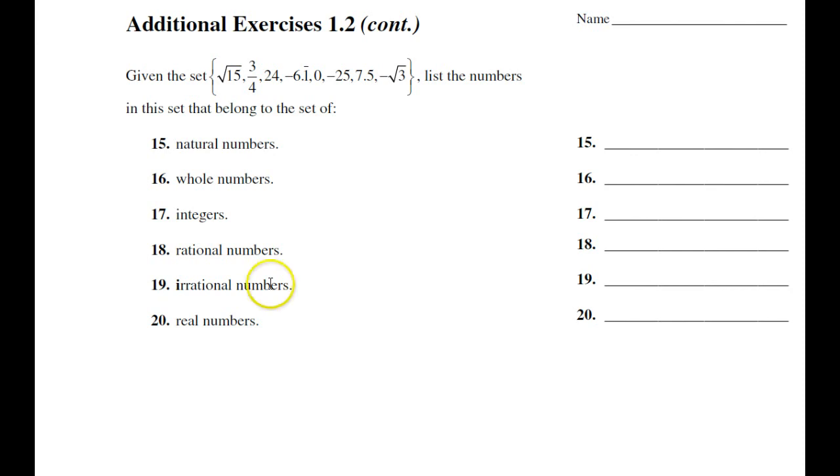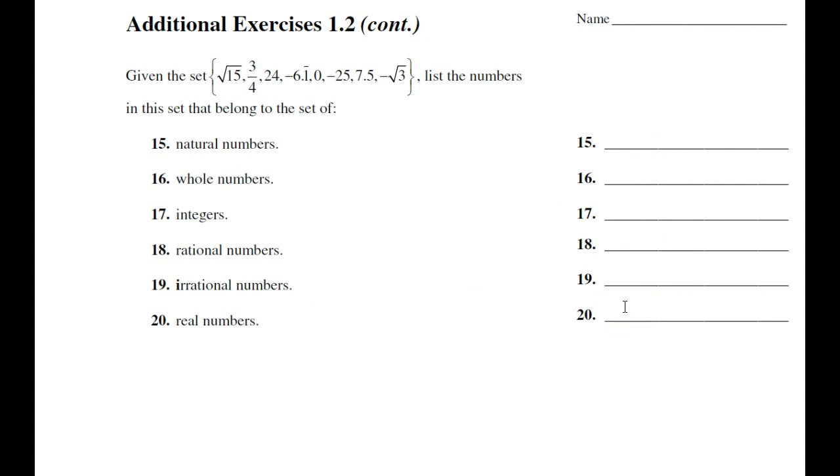So here are the number sets we've worked with. Natural numbers, whole numbers, integers, rational numbers, irrational, and I did the lesson on these on the other tape. Here they just want you to put them over here in 15 through 20, which belong to each set.